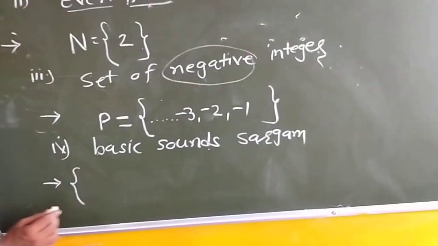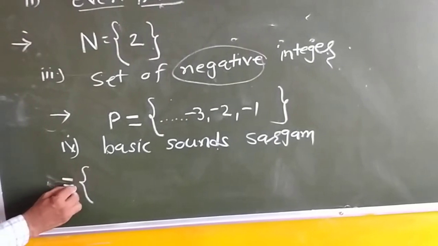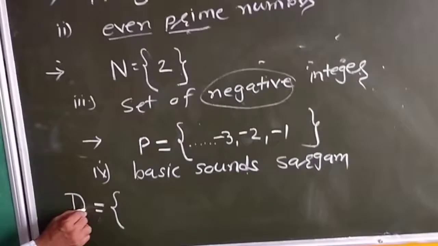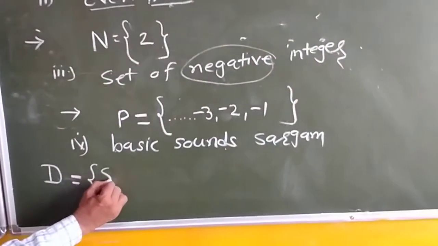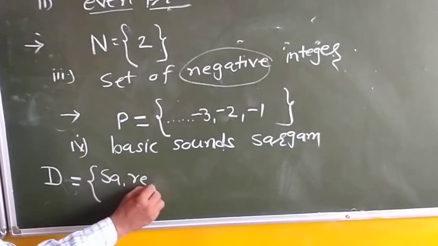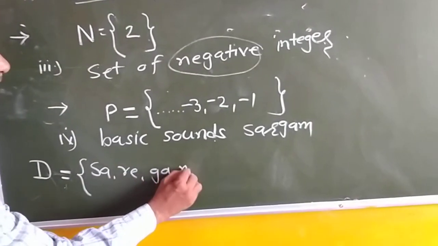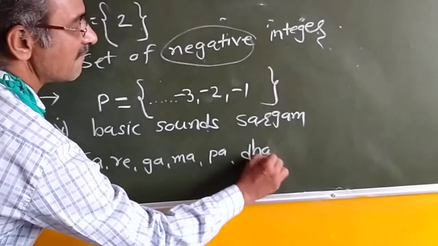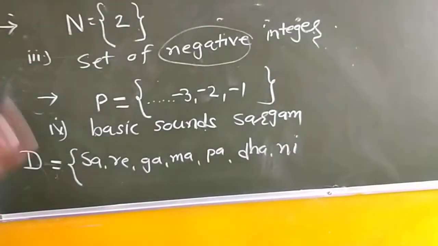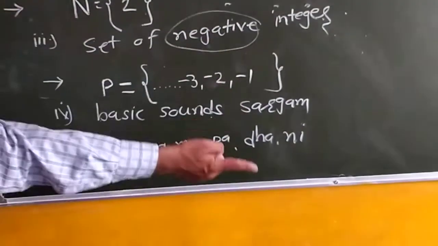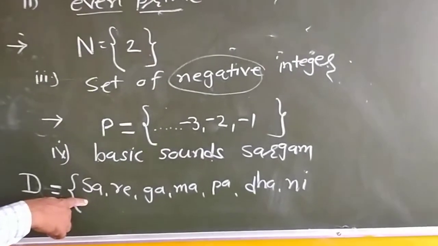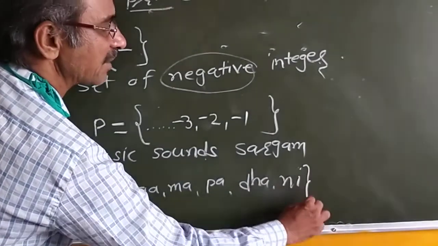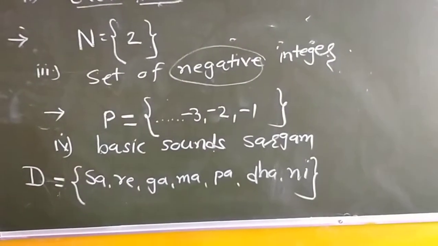We start from Sa, and we give a capital name to the set, suppose it is D. Sa, Re, Ga, Ma, Pa, Dha, Ni, and again Sa. But Sa is repeating, so we do not write it again. We write it only once and complete the curly bracket.